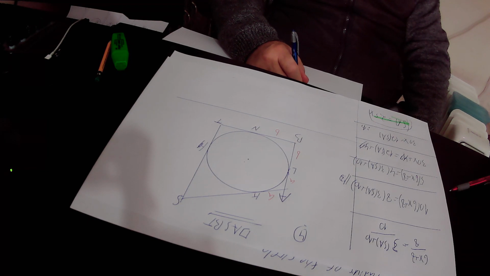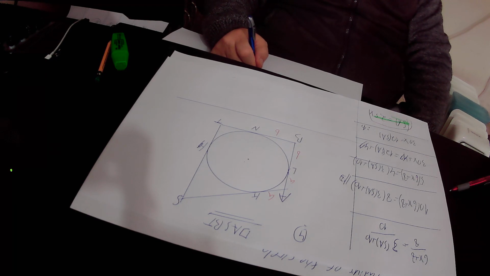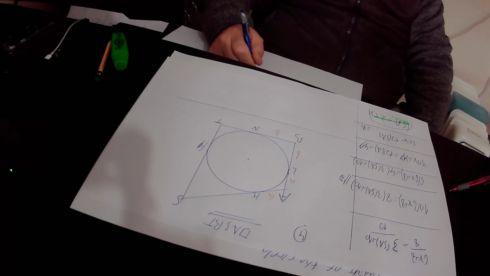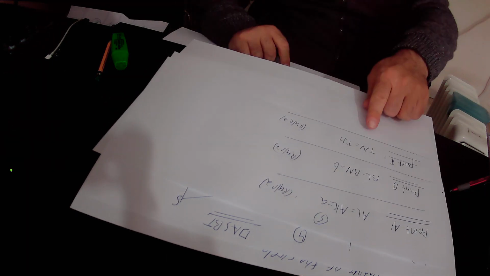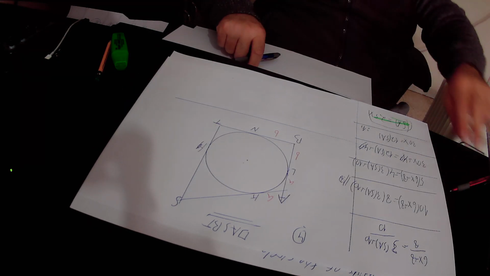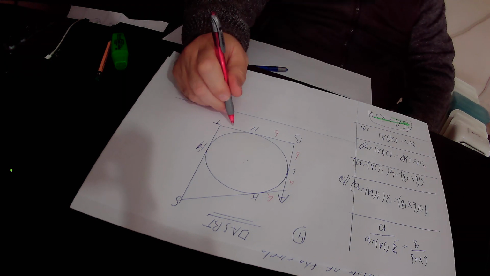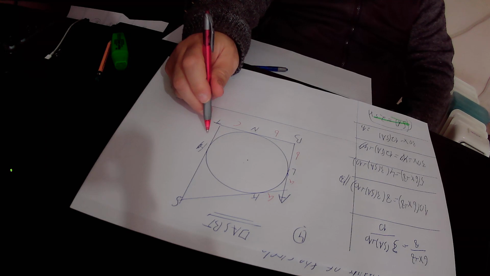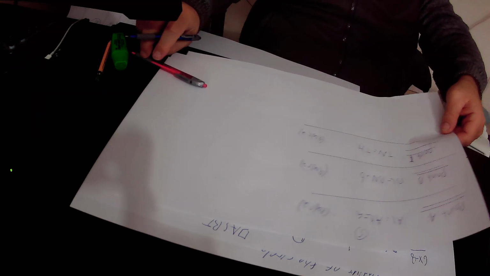So TN equals TH. If we define the length of tangent TN as c, then the length of tangent TH must also be equal to c because they are equal to each other. So TN equals TH equals c.